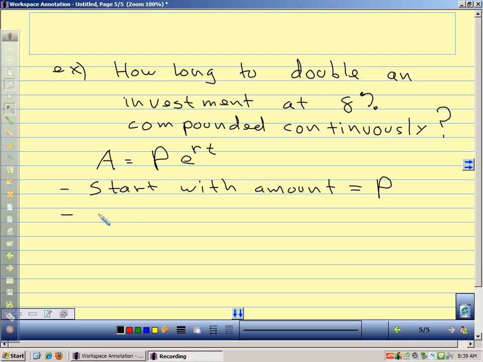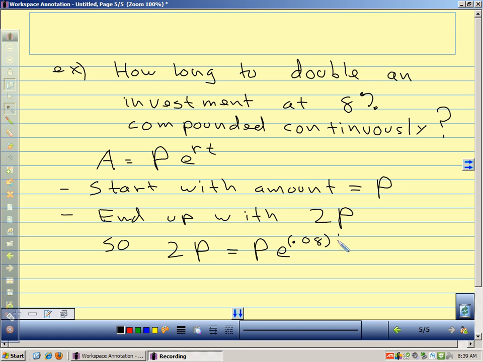We end up with 2P. So the amount that we want out at the end is 2P, and that equals our original investment times e to the 0.08 times t.